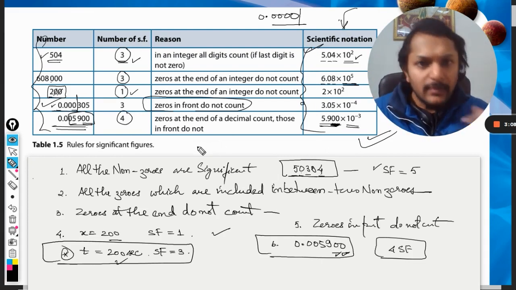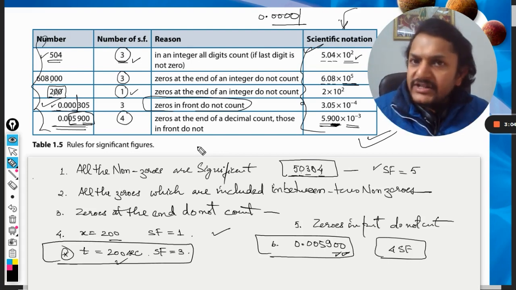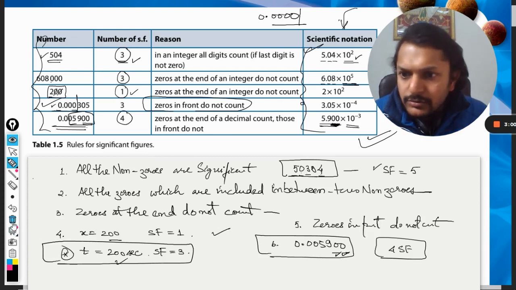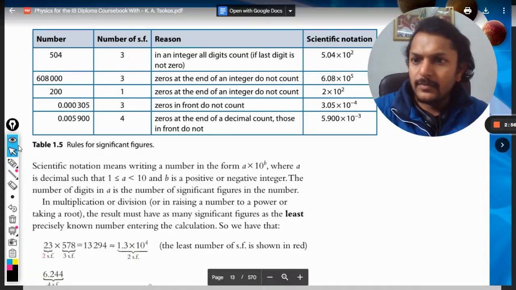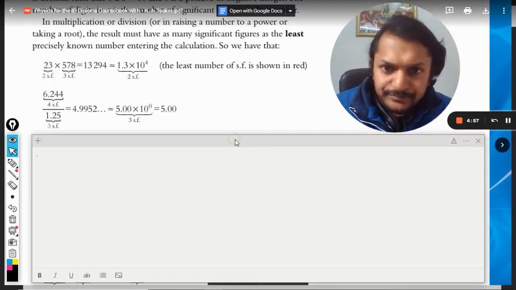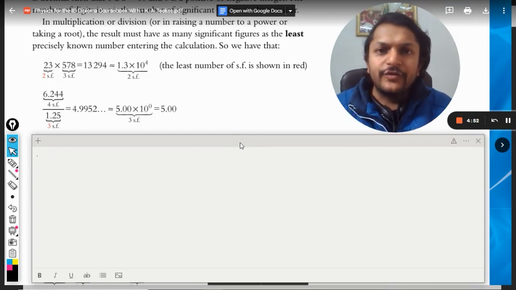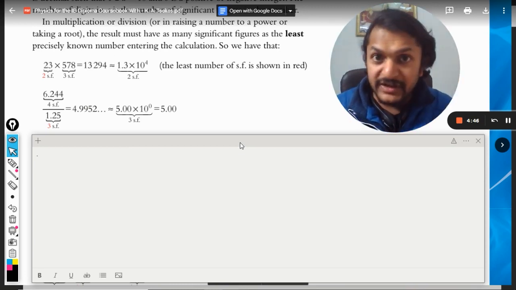So, now closing this part here, what is the next part? The next part is about the calculations. So how do we do that? Okay, so in this part, let us move ahead. We are going to find how to calculate the values when we are supposed to give the answer in a particular number of significant figures.